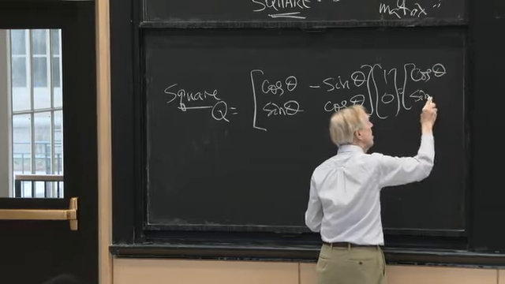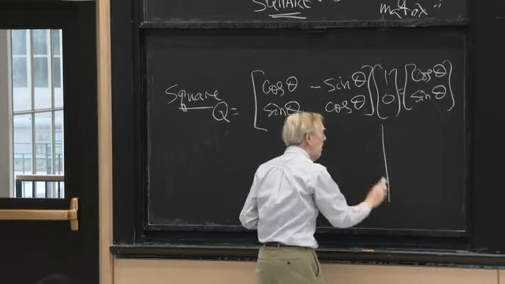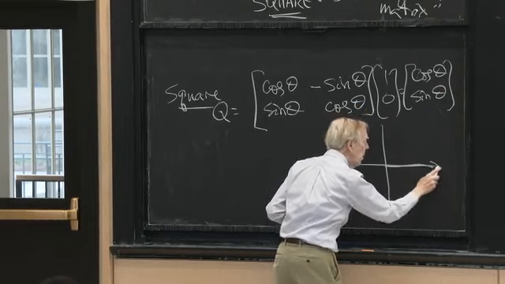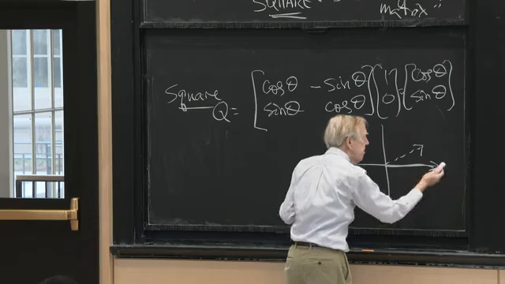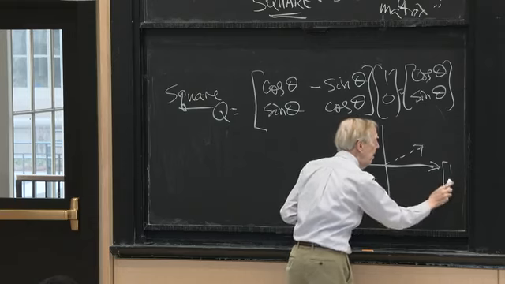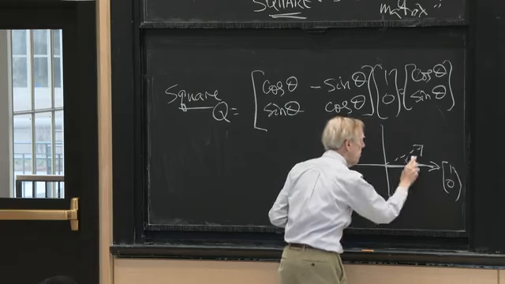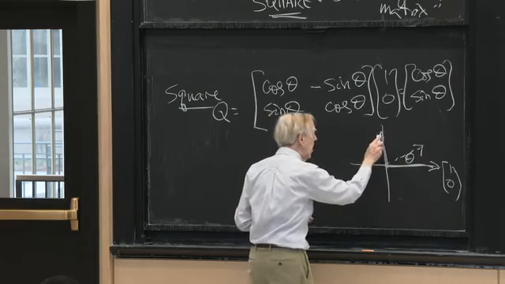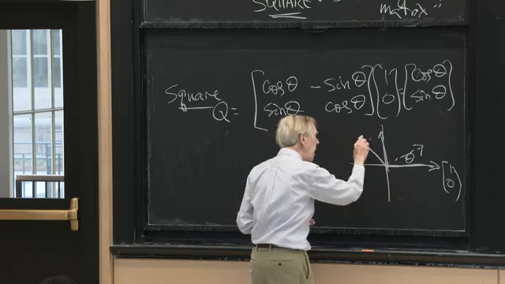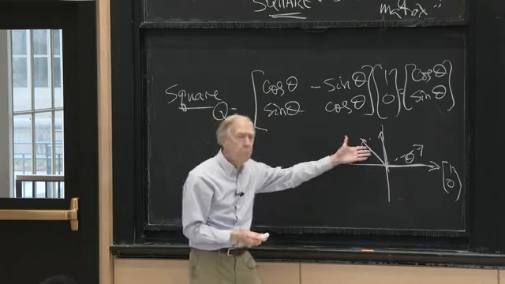And let me draw a picture. That vector 1, 0 has got rotated up through an angle theta, and similarly 0, 1 will get rotated through an angle theta to there. So the whole plane rotates.